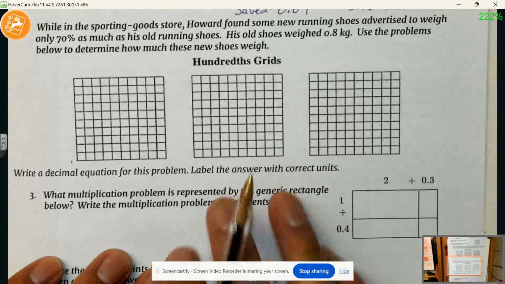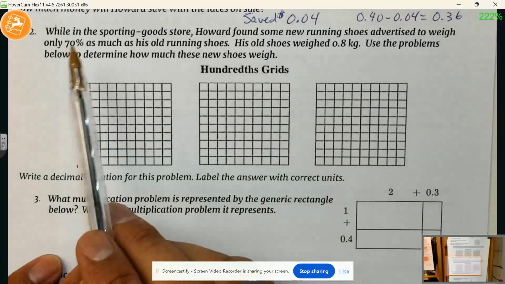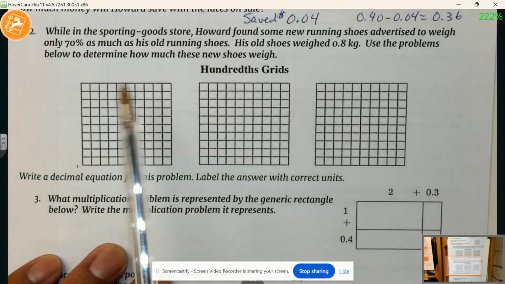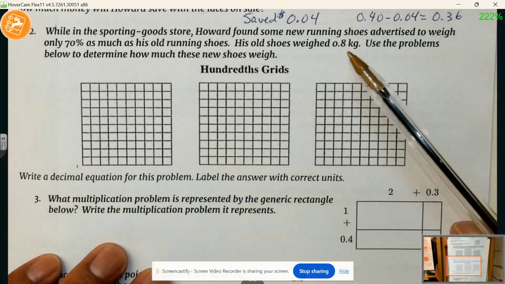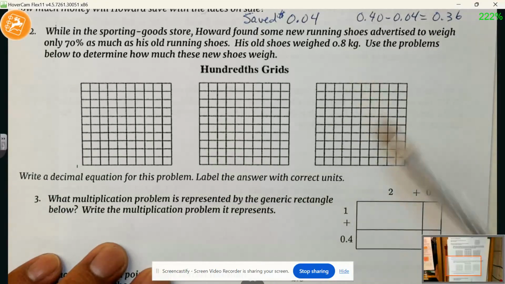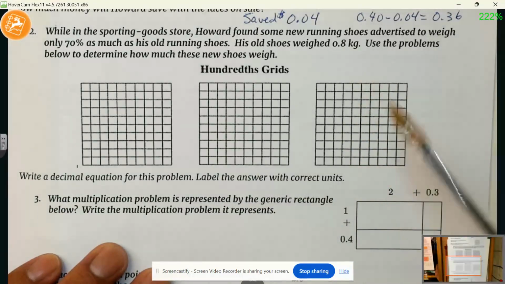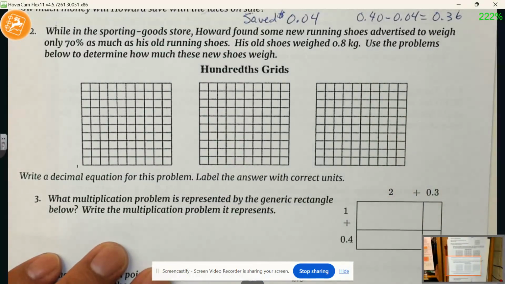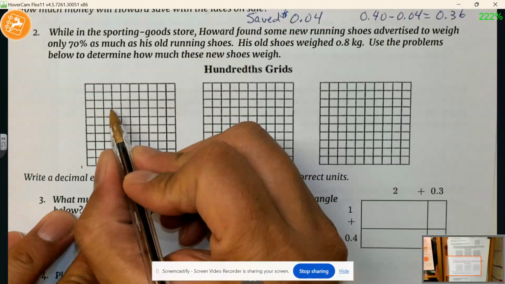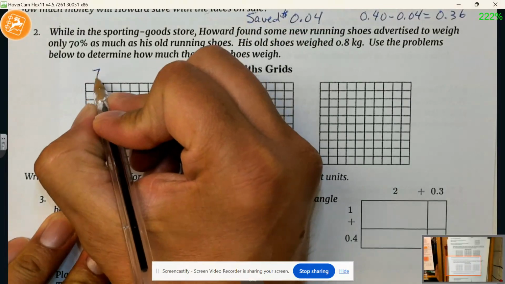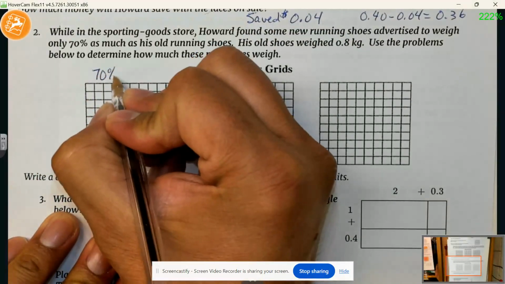We're going to represent the 70%, and then we're going to represent the 0.8 kilograms, and then show what is 70% of that 0.8 kilograms.